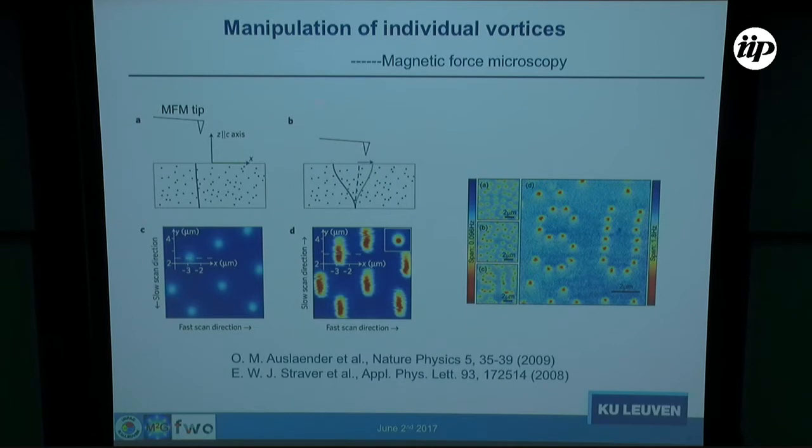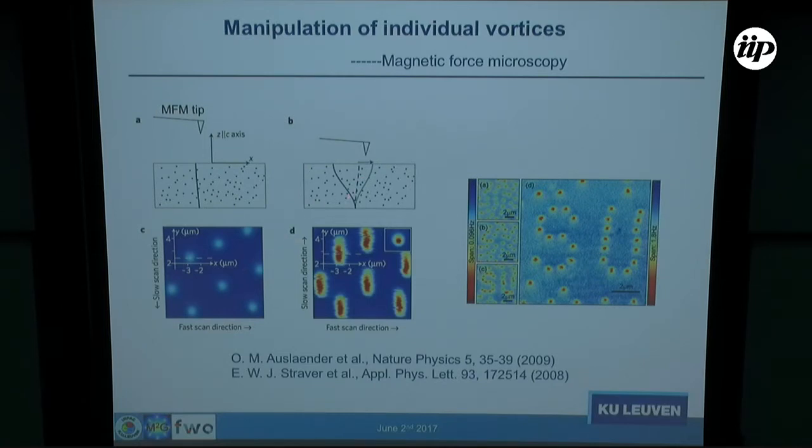So the first one is using magnetic force microscopy to manipulate the vortices. We know that the MFM can be used to image magnetic structures, including the vortices. But if you push this magnetic tip close enough to the sample surface, then the magnetic force applied on the magnetic structures or vortices becomes bigger and bigger.